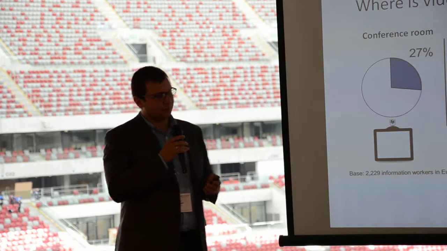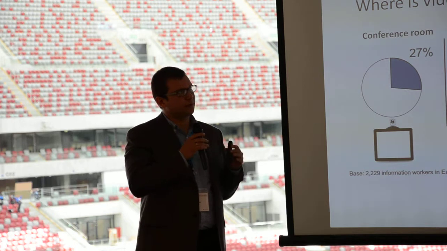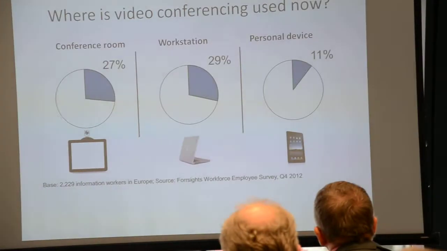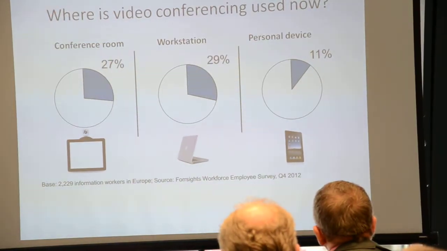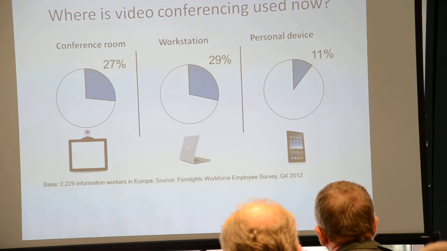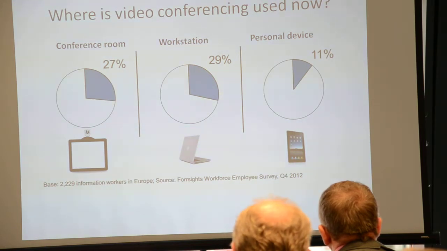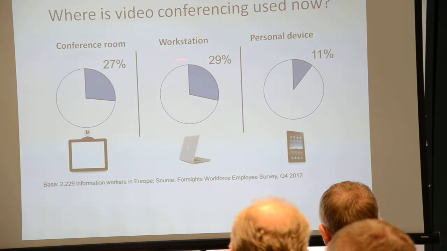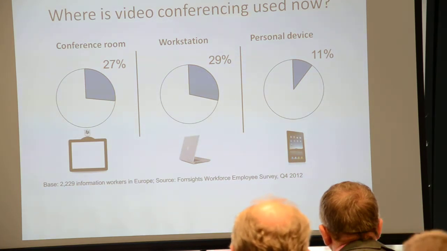And this is a thing changing the whole market. If we look at this data, we see that based on the results of 2012, a lot of employees use desktops. So workstation is a desktop, where you sit.